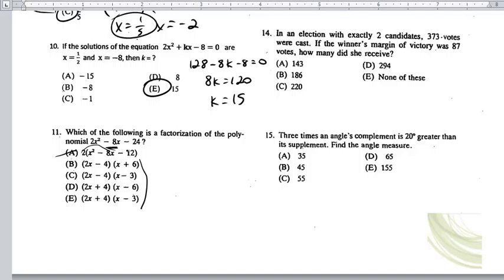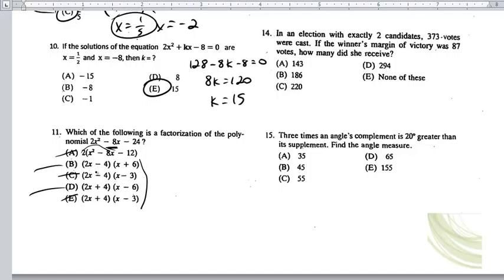So then again, I say, well, it has to multiply to give me 24, and this one does not, because that's 12, and this one does not, because that one's negative 12. All right, so they don't give me negative 24. And then I look at the next one. Boy, B and D, those are my 2 top choices here.